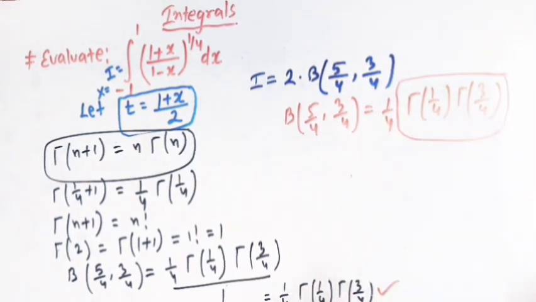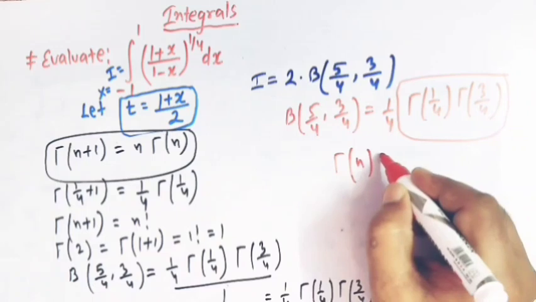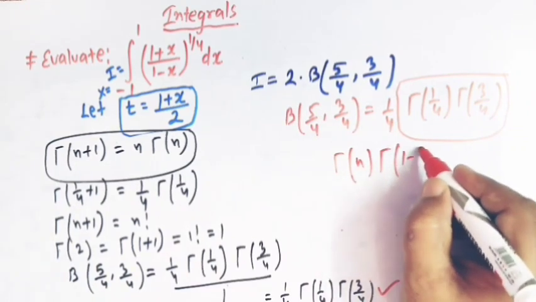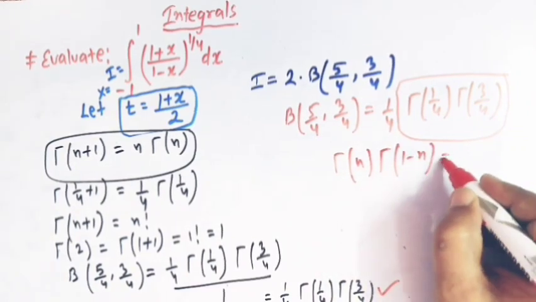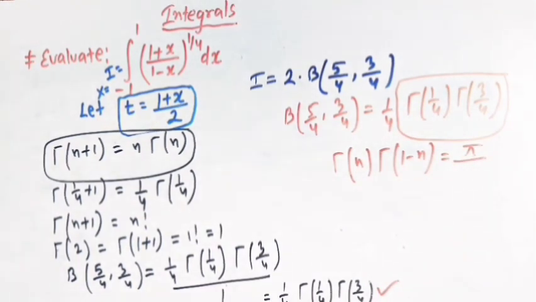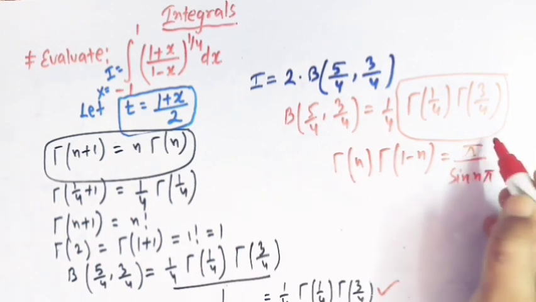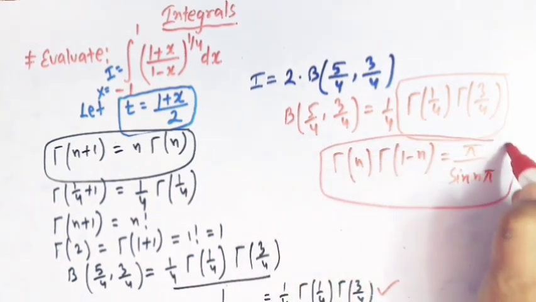And here again we'll make use of a very important result from gamma functions. We know that gamma of n times gamma of 1 minus n is equal to pi divided by sine n pi. This is an important relation.